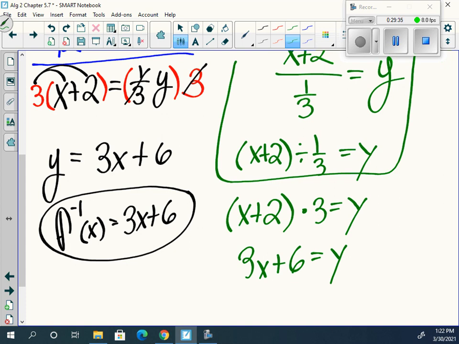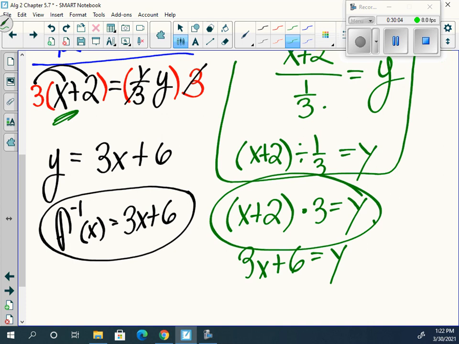It's a lot easier, especially if this wasn't x plus 2. If this had just been 2, then dividing by 1/3 is fine because I can type in a calculator 2 divided by 1/3, hit enter, it gives me the answer. But because of the x, it makes it harder to divide by 1/3, and it's a lot easier to just multiply by 3, which we end up having to do anyways with our division of a fraction.